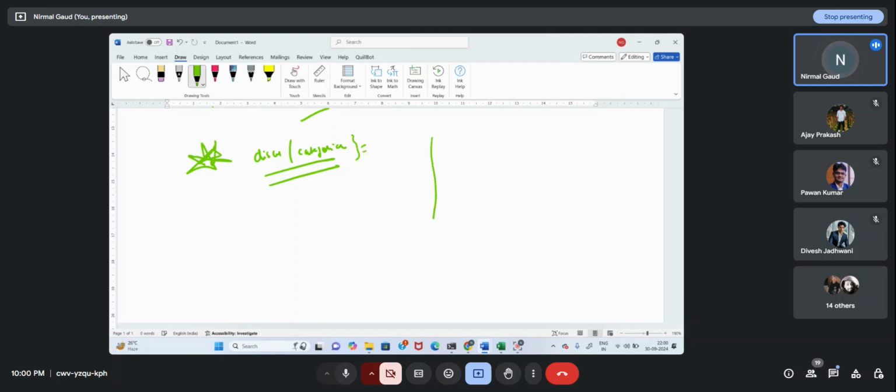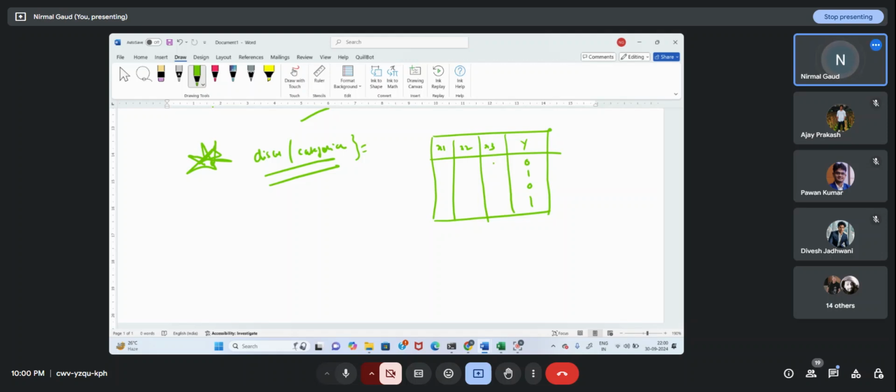For example, this is my data. I am having a target as 0 1 0 1, and I am having features x1, x2, x3, and they are discrete and categorical in nature.